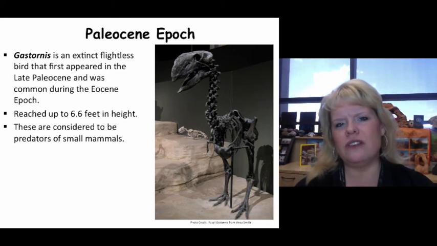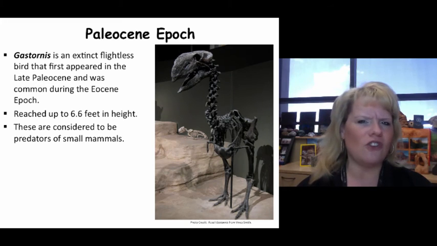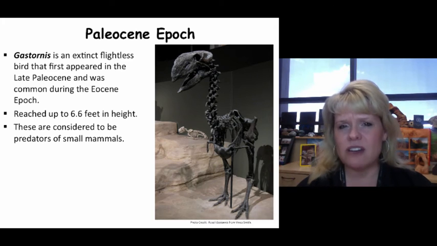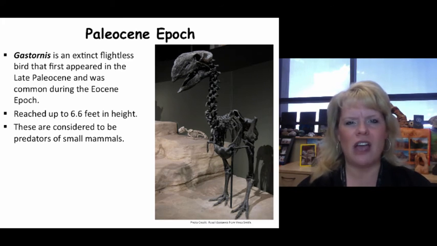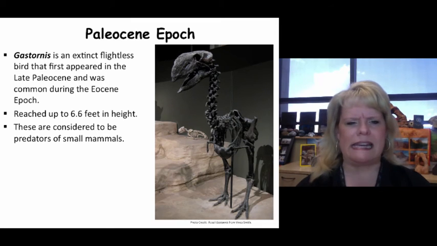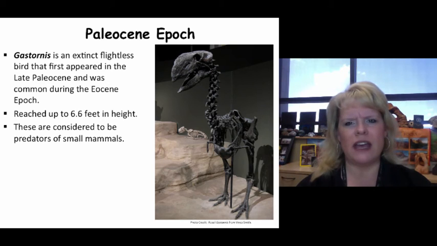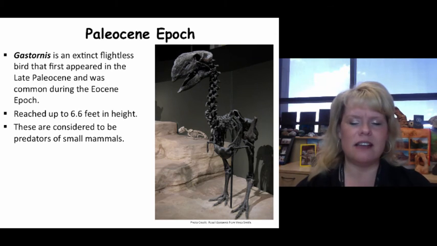Some versions of these birds are referred to as terror birds, in terms of different species of these large flightless birds. So they existed for a long period of time. They didn't just come in the Paleocene, but I'm telling you this particular one did. These would have been feeding on small mammals and whatever they could live on at that time.